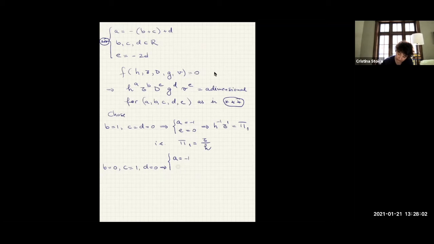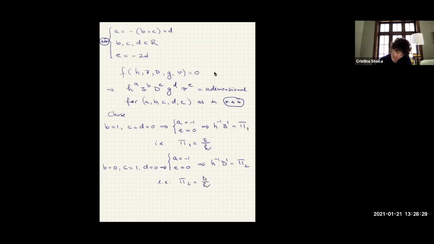Yeah, D is there, of course. B, C, D, and E would be 0 again. So we end up with H at minus 1, D at 1 would be pi 2. So there you go, i.e. pi 2 is D over H, okay?